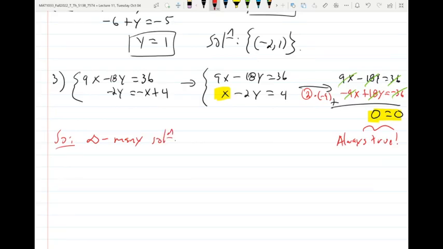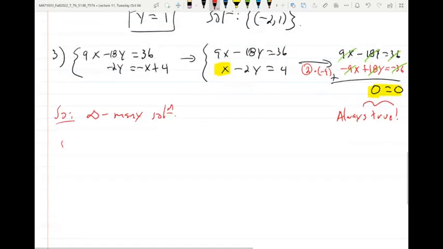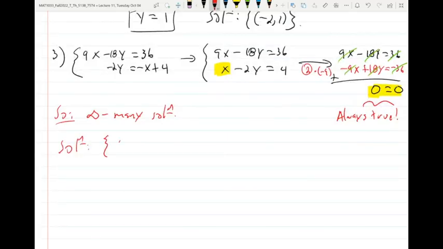So how do we write this? The solution is going to be points of the form x comma y such that, and now just put whichever equation you want. I'm going to put the first one: 9x minus 18y equals 36. Or you could just write the second equation, x minus 2y equals 4. That one is prettier, so maybe you may want to write that one. It doesn't matter, whichever you want.